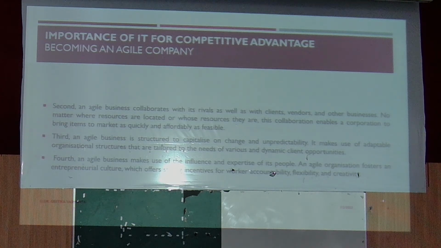Everybody contributes equally. Everybody is at the same level. Though we have one manager also, he doesn't treat others as inferior in rank to him. So everybody is treated equally, at the same level, in agile.